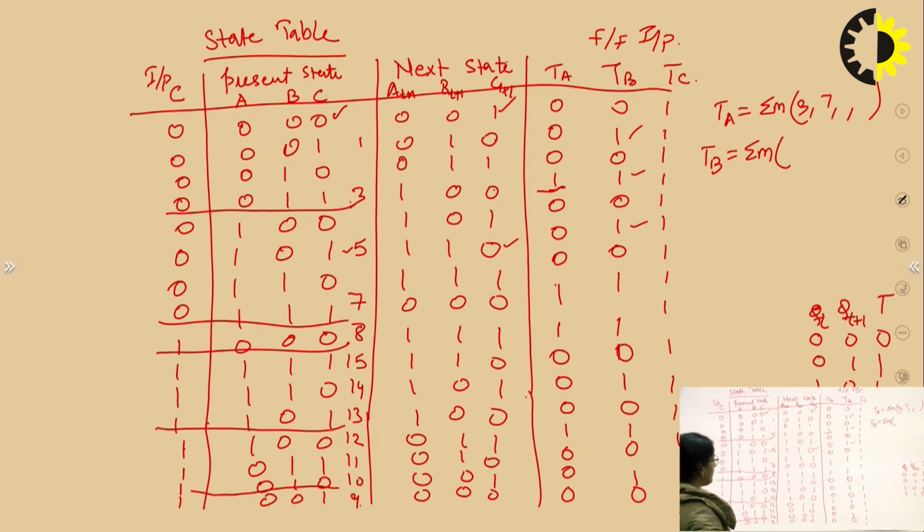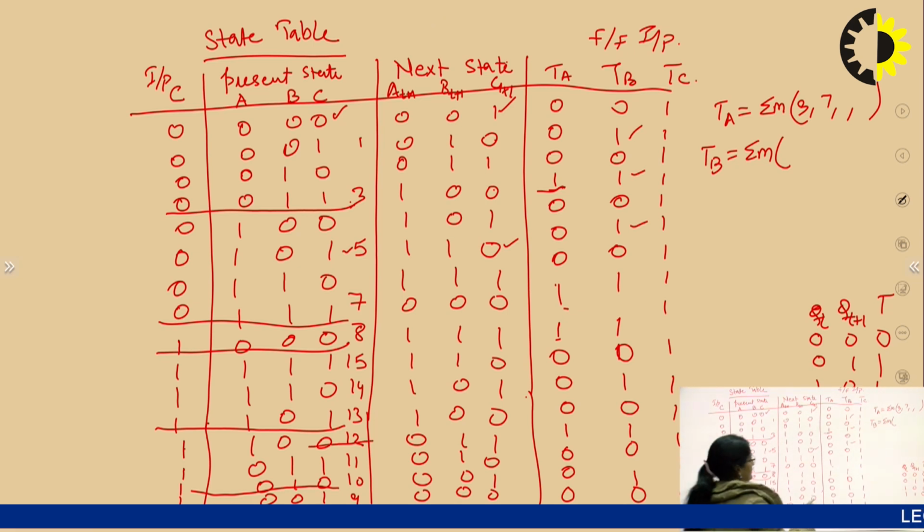So now if we find for TA, this 7, 8 and this will be 12. So 3, 7, 8 and it will be 12.